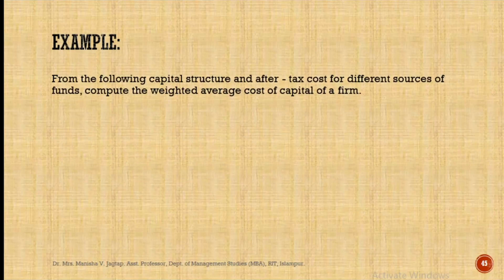Let us see an example concerning the computation of weighted average cost of capital. From the following capital structure and after tax cost from different sources of funds, compute the weighted average cost of capital of a firm.